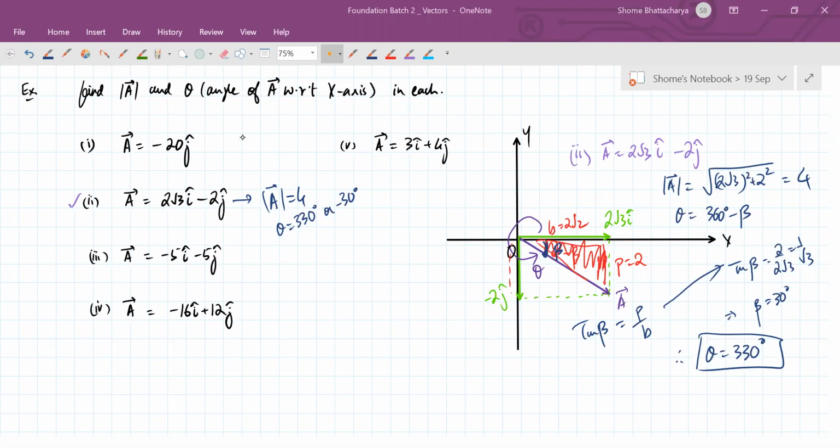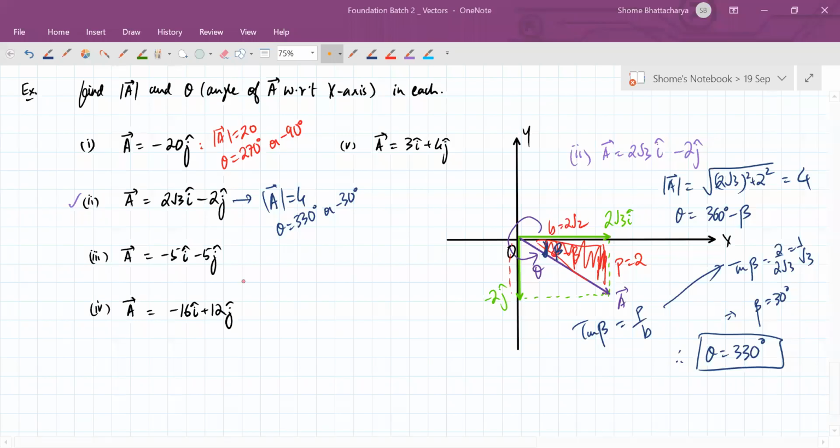So in this, the magnitude of the vector is 20 and the angle theta is 270 degrees. Okay, so these are the answers of the first two.